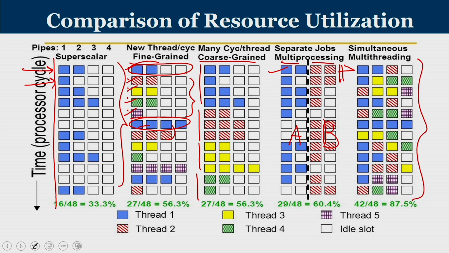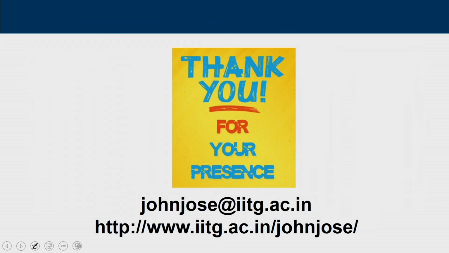At any given point of time, different functional units will have instructions from different instruction streams, and that is known as simultaneous multi-threading or hyper-threading. This slide gives you an overall picture of the difference between a conventional superscalar, a fine-grained multi-threaded processor, a coarse-grained multi-threaded processor, a symmetric multiprocessor and a hyper-threaded processor.